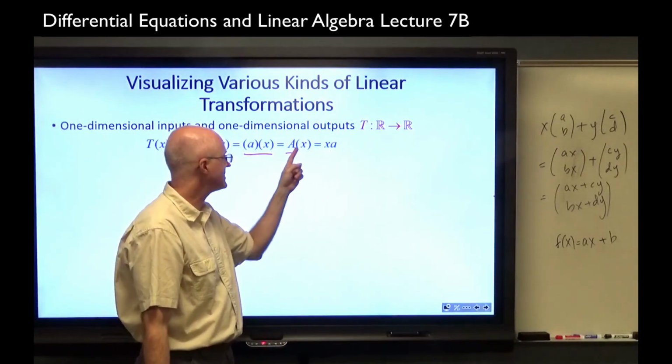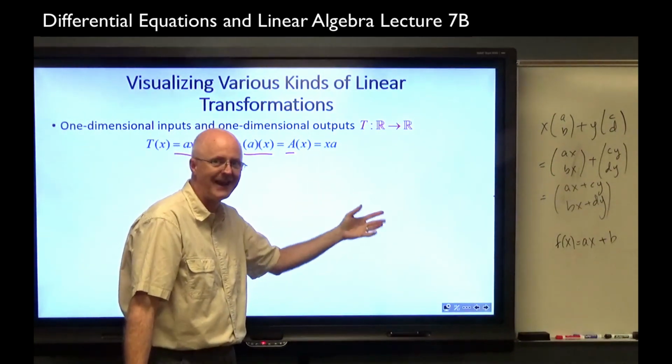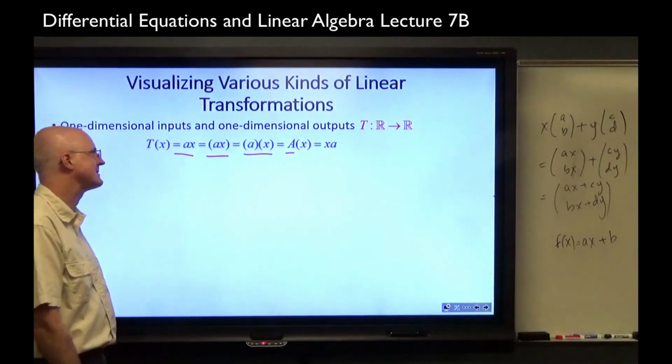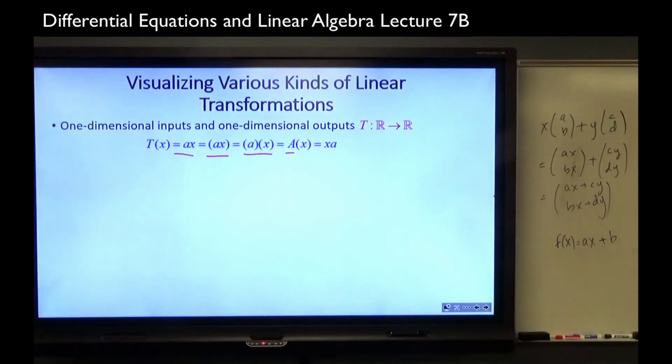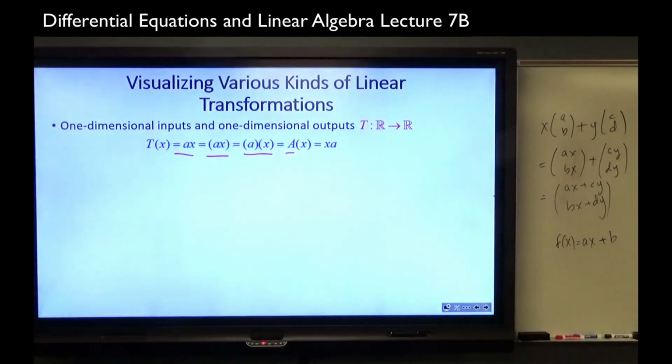There's your linear combination. x has just one entry, x itself. x times A is a linear combination of the columns of capital A with the entries from the vector x as the weights. It's very simple in this case. It's helpful to realize these are all tied together. That's the point. We already know how to visualize this with an ordinary graph.